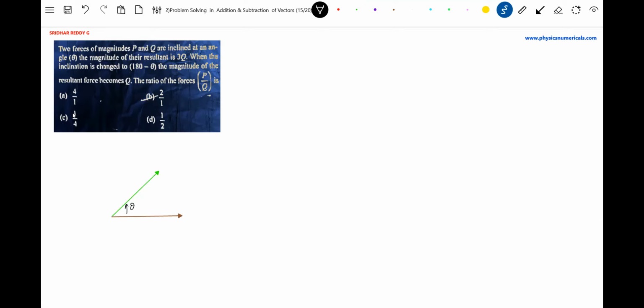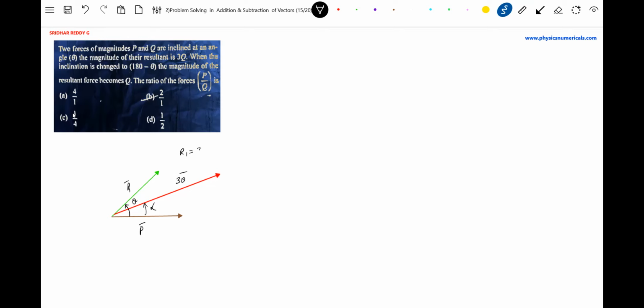The magnitude of the resultant is 3Q bar, I'll write it. It'll be better, no? This is P bar. This is Q bar. This is the angle between those two. Let this be alpha. If needed, we'll write it.